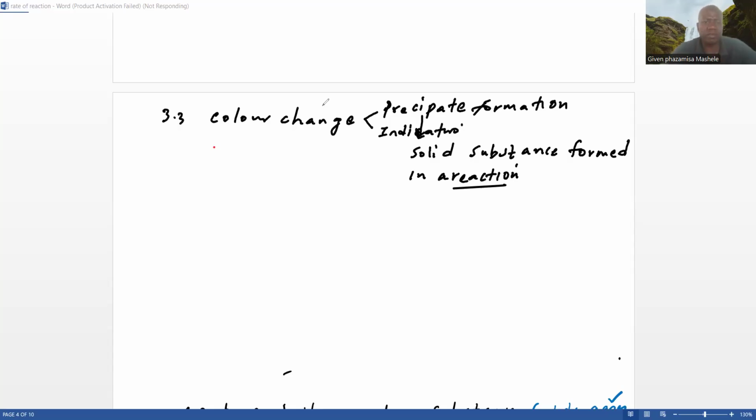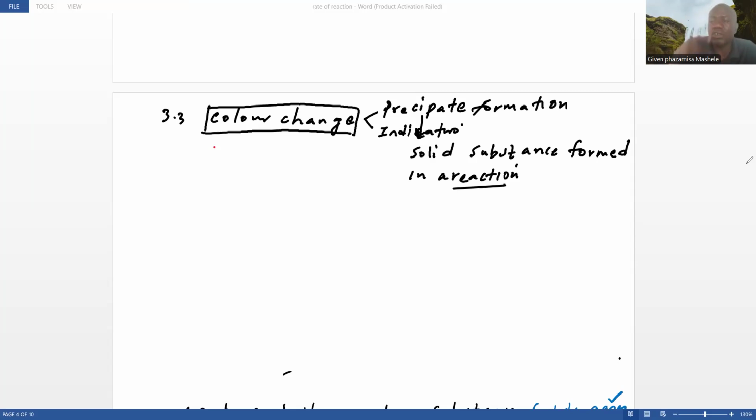Now, let's look at this. Usually in the exam, this process of color change has to do with what we call turbidity. In the process of color change, they usually do this during an experiment. They use a process called the disappearing method.